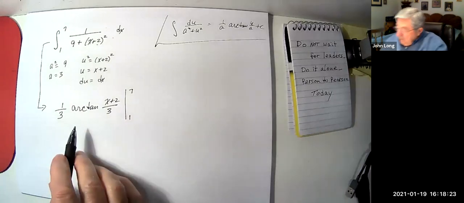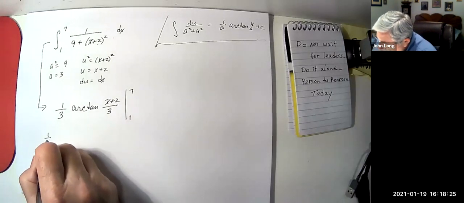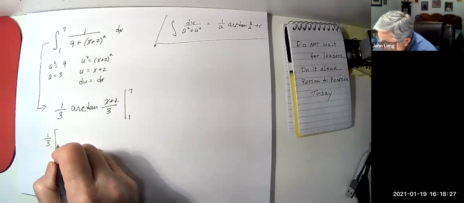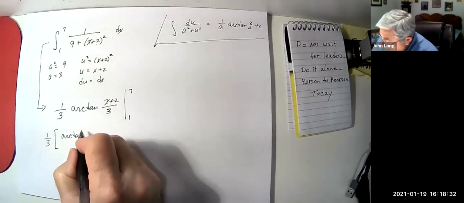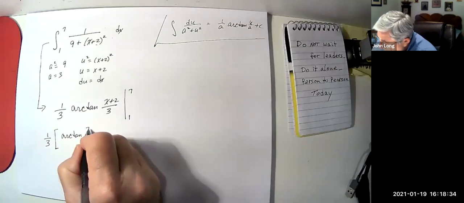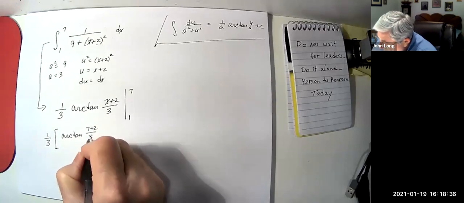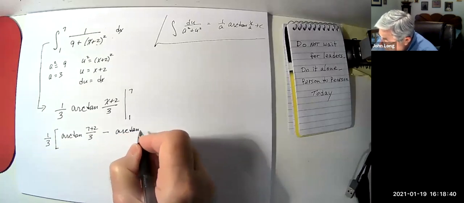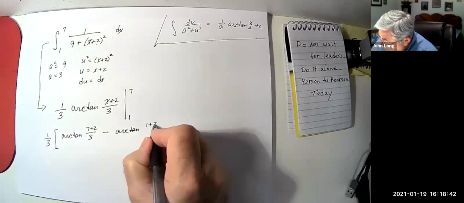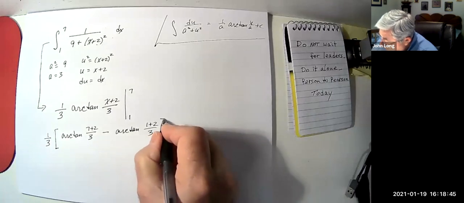Now, when you evaluate this, I would factor out the 1/3, and then I would write arctan of 7 plus 2 over 3 minus arctan of 1 plus 2 over 3.